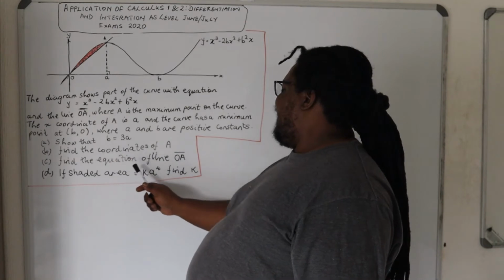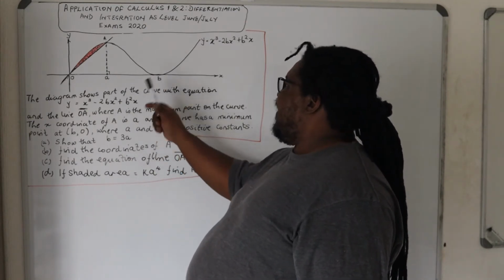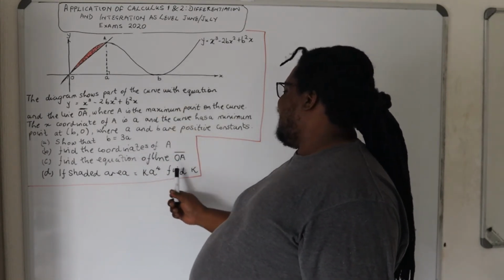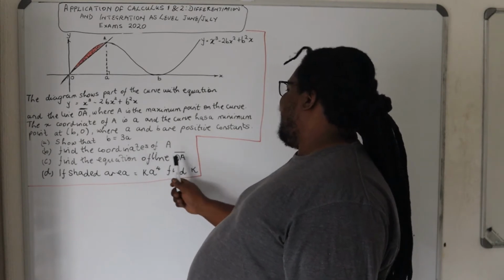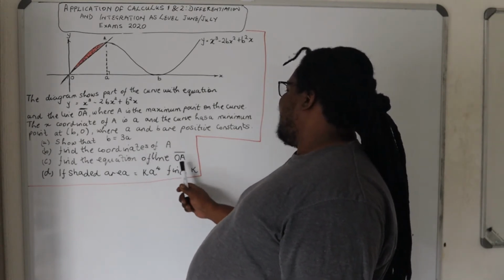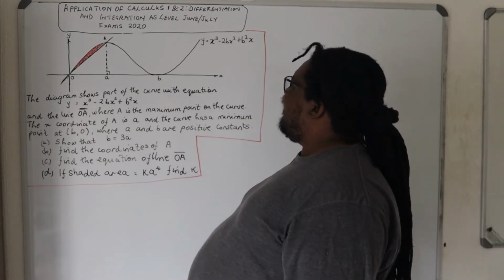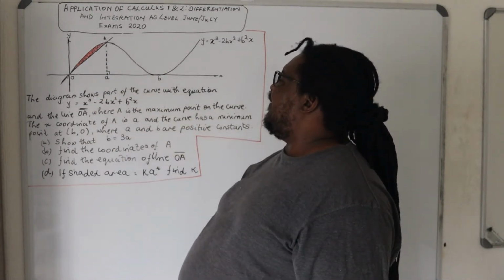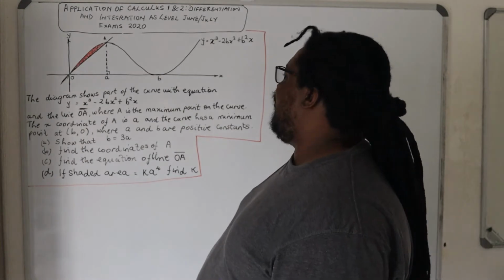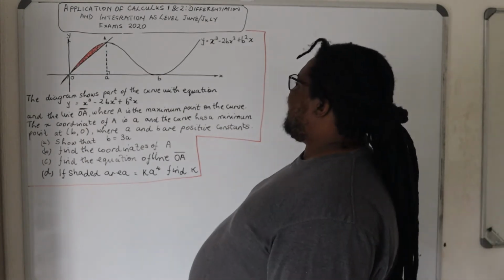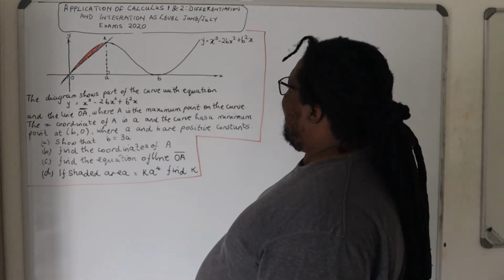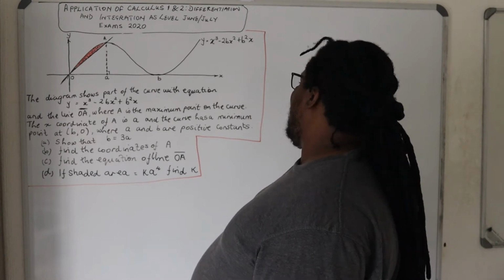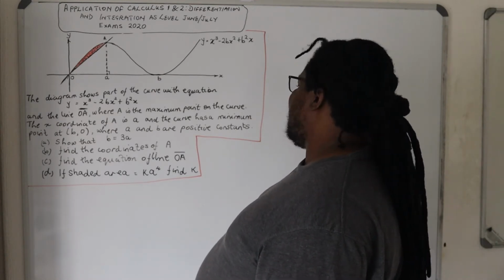Then it says find the equation of the line OA, and we know that this is a line, so the form of the equation is y is equal to mx plus c, and as we said, the line is passing through the origin, so c should be equal to 0 because that's the y-intercept of a line that passes through the origin.